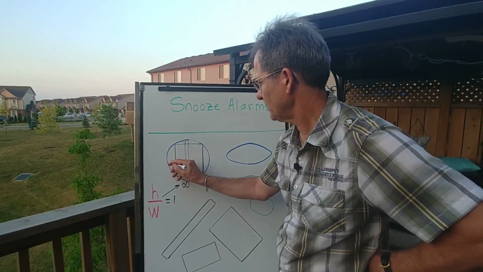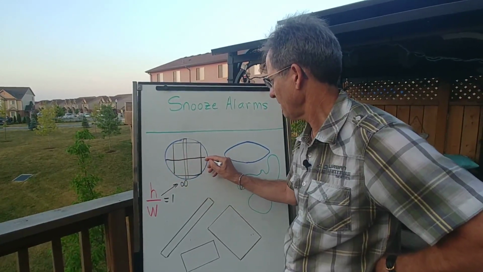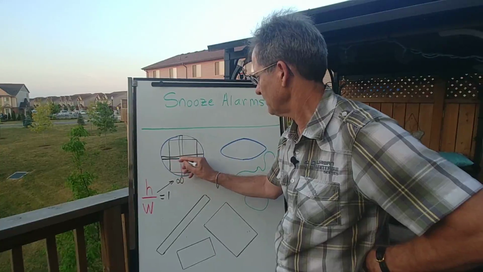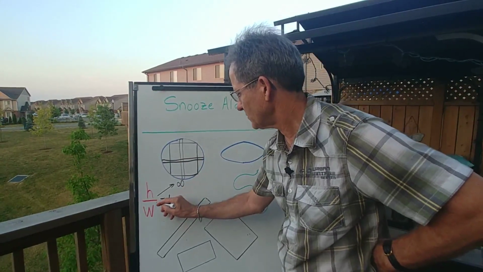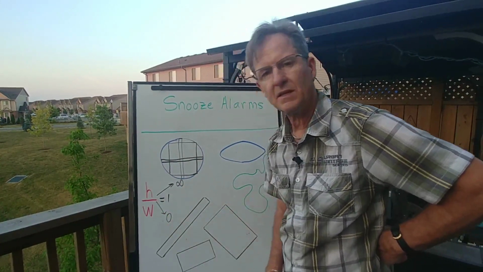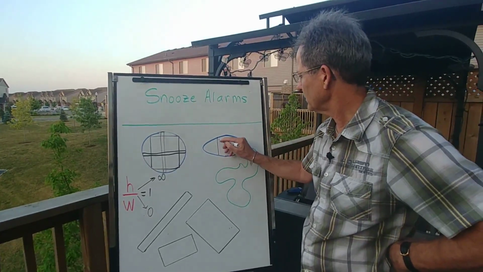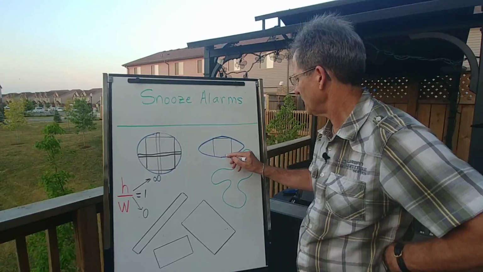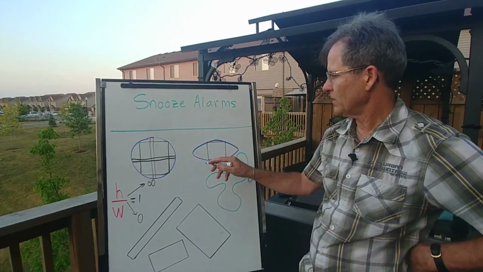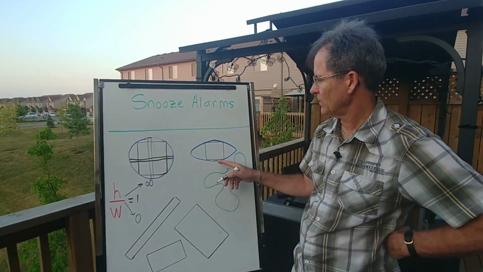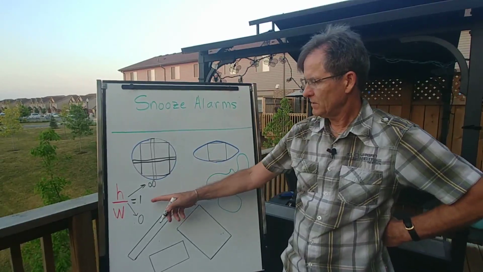Or if you do it this way, you can make it shorter and shorter so that the ratio goes to 0. And you can do the same thing with an ellipse or an oval. There's the square. And I can draw similar tall and short rectangles to get the same thing.